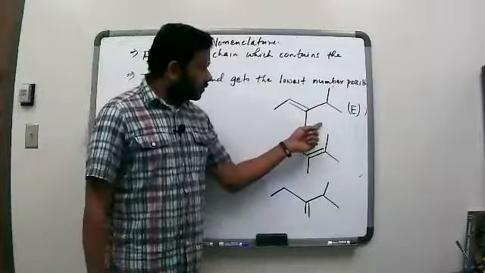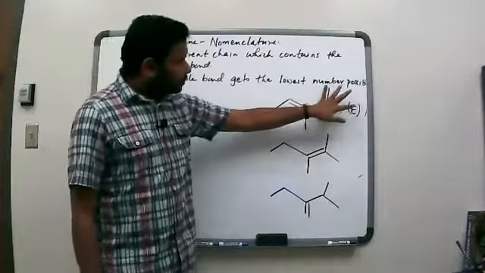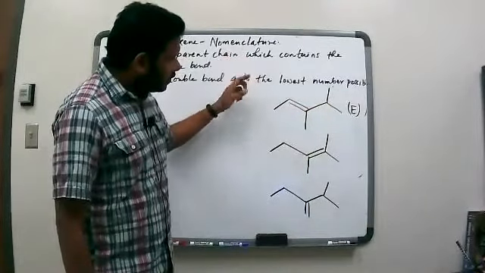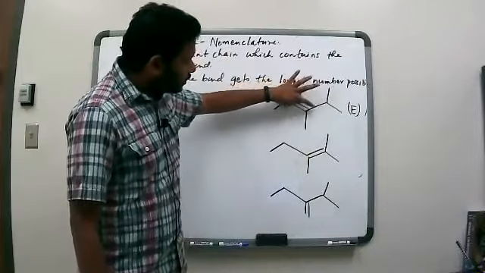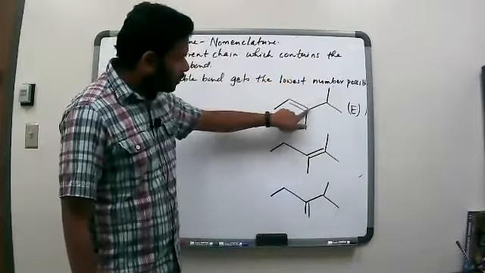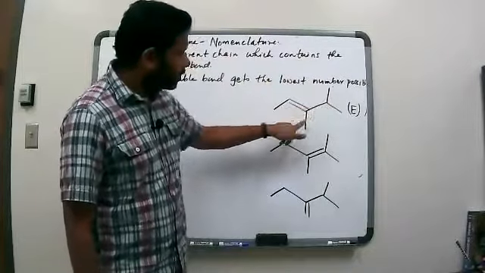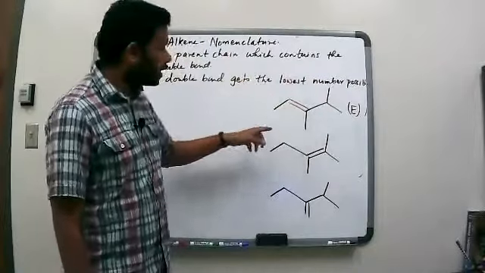So let's say for this first molecule here, if you look at it, there's 1, 2, 3, 4, so 4 carbons like this, but notice how that chain does not include the double bond. The double bond is not part of that chain, so we will not go for that chain.